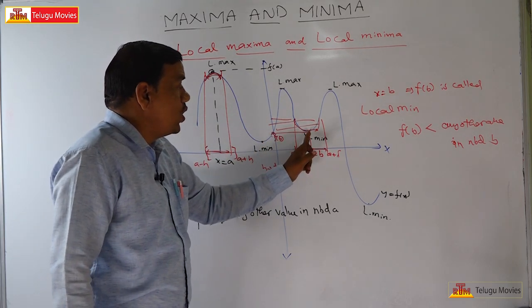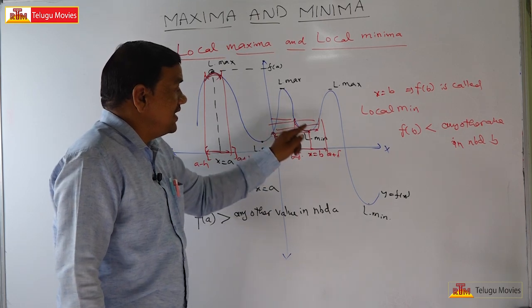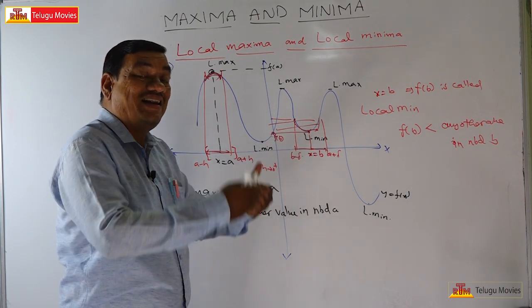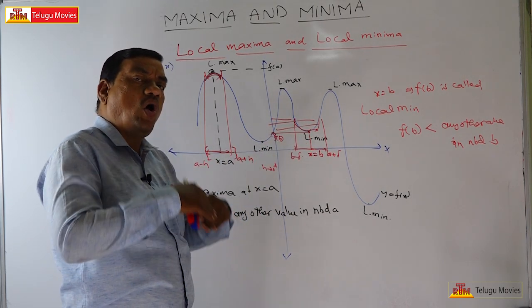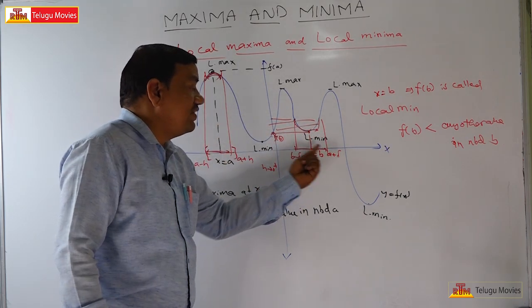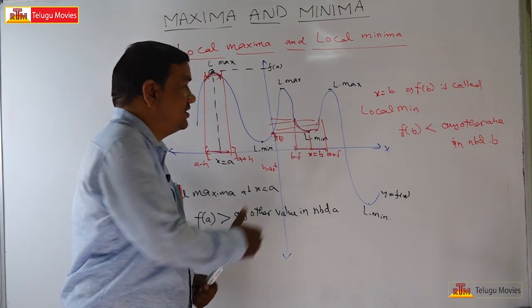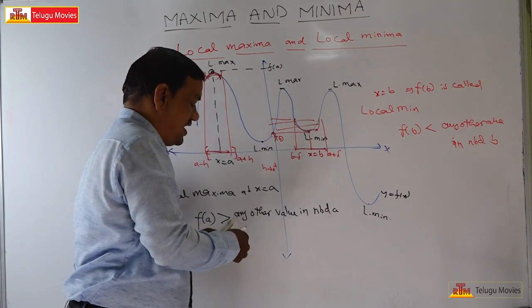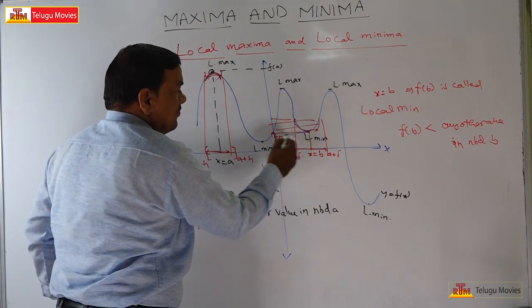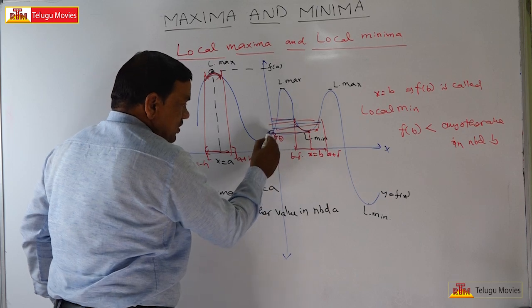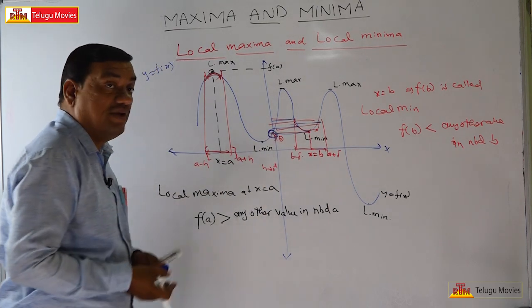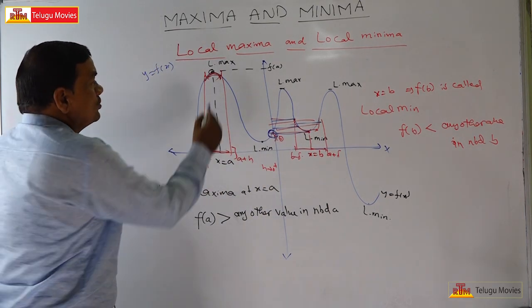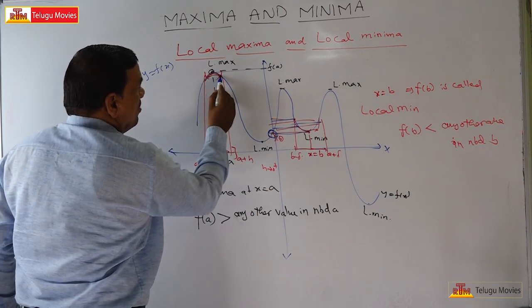Here, local minimum means the f of b value should be less than all values which lie in the neighborhood of b. Understand this? So if you draw these lines here, this is f of b, and f of b will be the least one, with all remaining values greater.